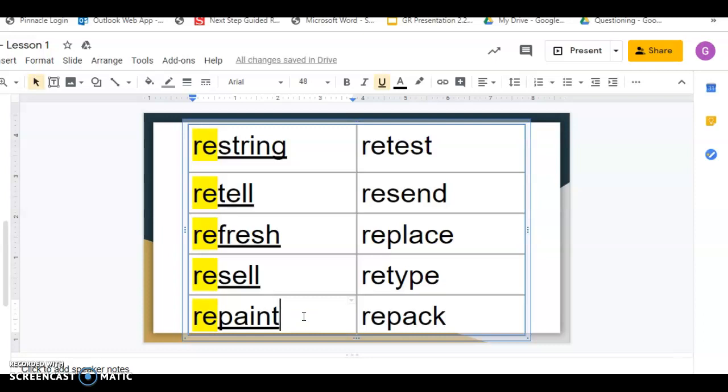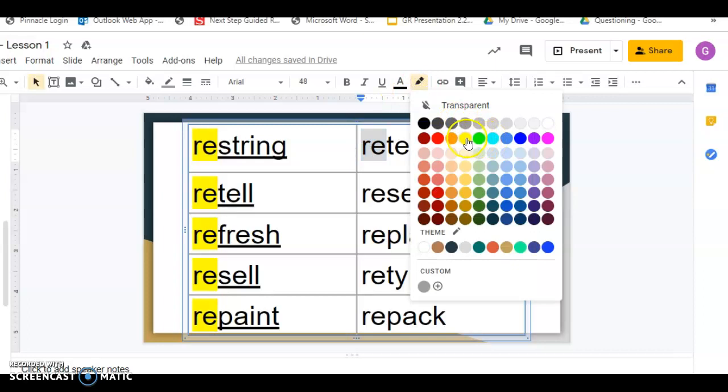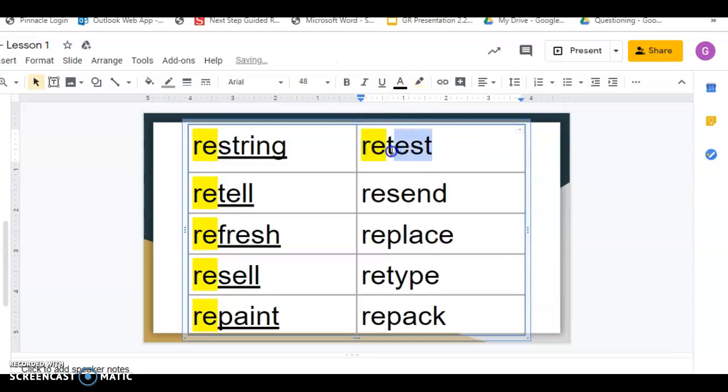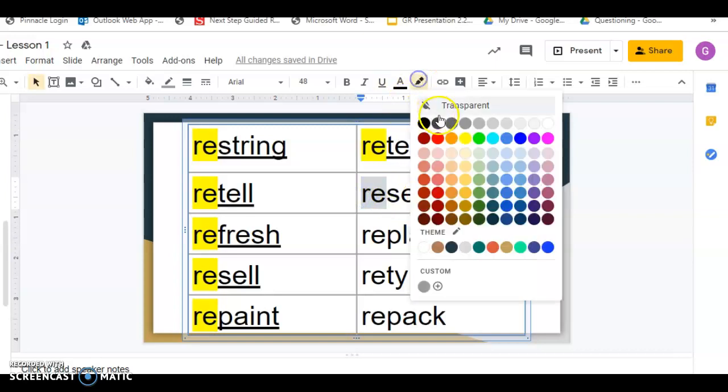Read the whole word. Repaint. Let's keep going. Next one, what's the prefix? Re. And what's the rest of the word? Test. And what word do we have? Retest. Nice. How about this one? What's the prefix? Re.